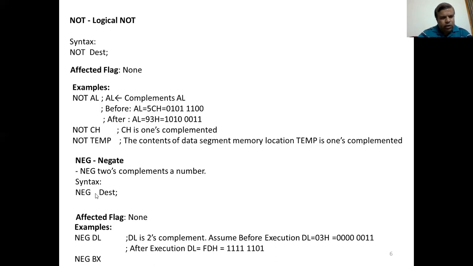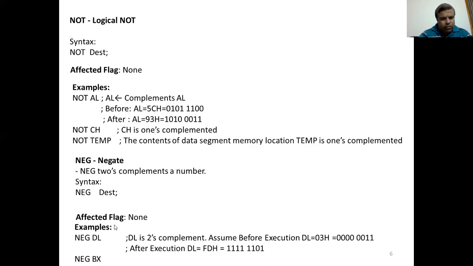This instruction takes only one operand, the destination operand. It forms the 2's complement of the specified destination operand, and the result is stored in the destination operand. Flags affected: none of the flags are affected after the execution of this instruction.